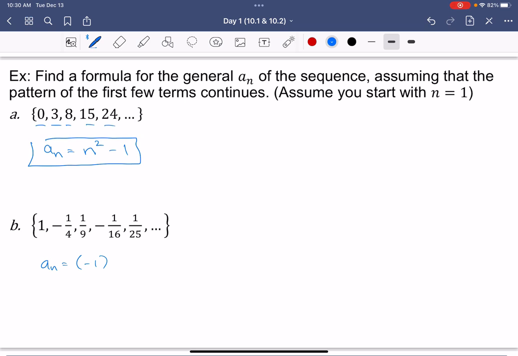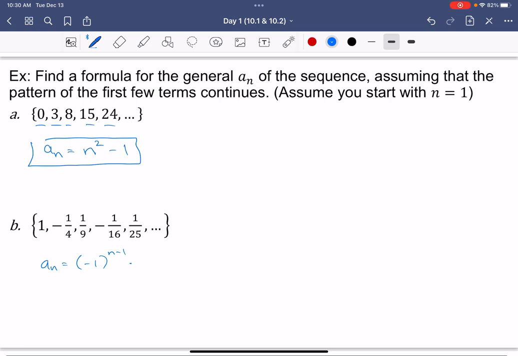Since the first term is a positive 1, you either have to use the n minus 1 power or the n plus 1 power. I usually stick with n minus 1, but it doesn't really matter. You could also do n plus 1 here.